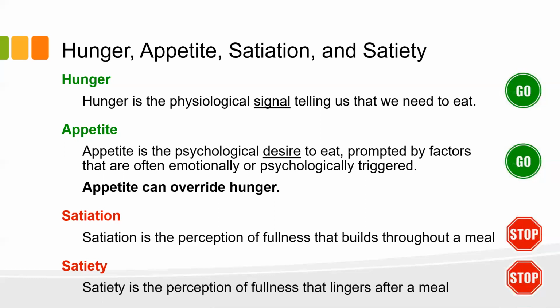Now, two things to say about these, and you can see one of them I have here in bold. I forgot to mention that appetite can override hunger. So, due to our appetites, we can undereat or overeat, right? We can mindlessly eat because we associate watching a hockey game with eating potato chips, let's say.